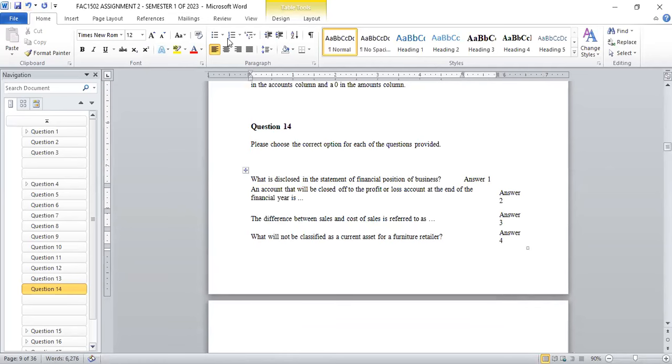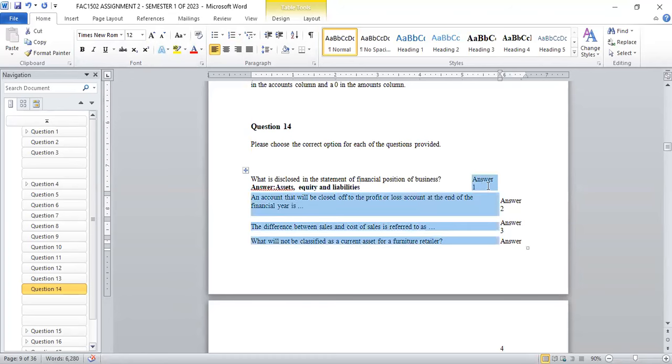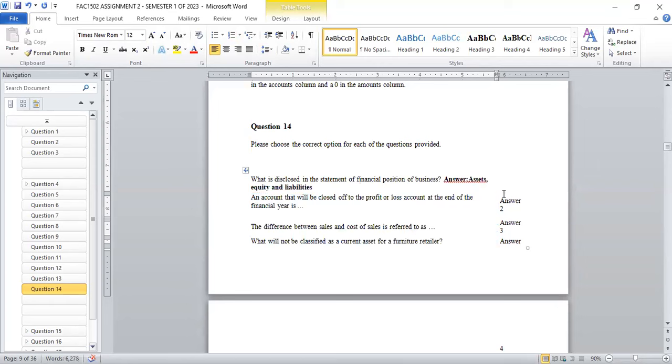In the statement of financial position, we know that we disclose assets, equity, and liabilities. Those are the items that are disclosed in the statement of changes in equity.